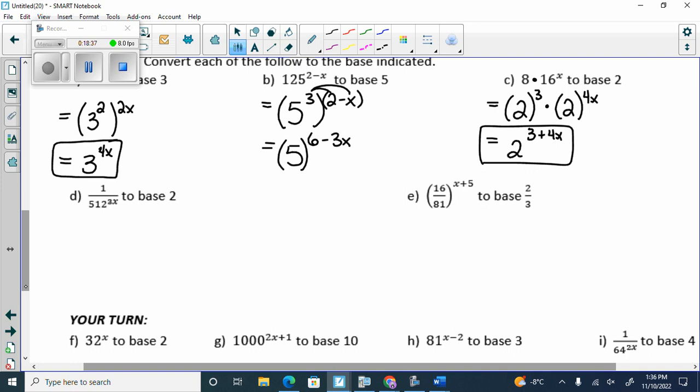So 1 over 512, I can just bring this whole thing up here. And because this is a 1 up here, I'm just multiplying by 1. So this would be 1 times 512 to the negative 3x. Does 1 times anything do anything? No. So this is technically just 512 to the negative 3x.